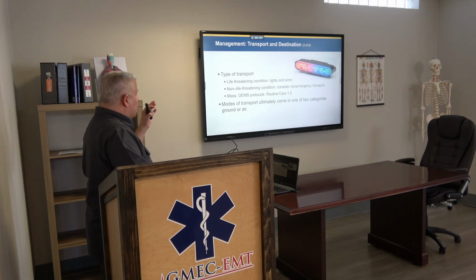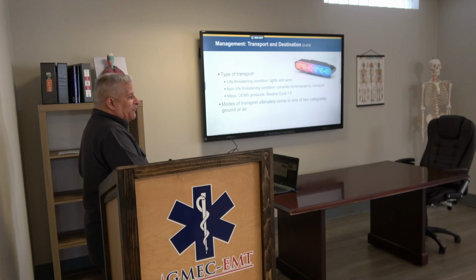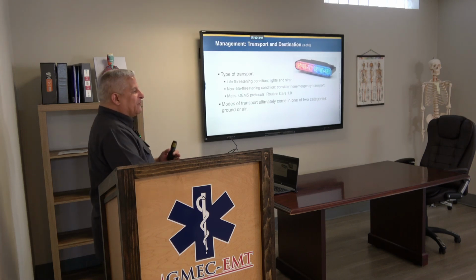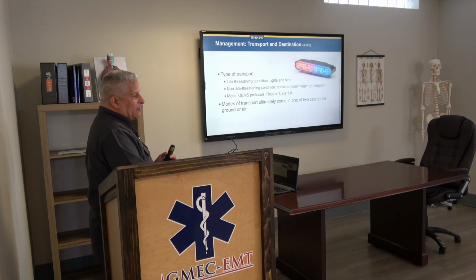But generally, all your non-life-threatening conditions is considered non-emergent, and you should not be transporting to the hospital with lights and sirens. Let's say we have an asthmatic. You get to the call, they use their inhaler, you give them a treatment with the nebulizer, and their breathing is much better, but you're still having some wheezing, so you're going to transport them to the hospital for follow-up care.